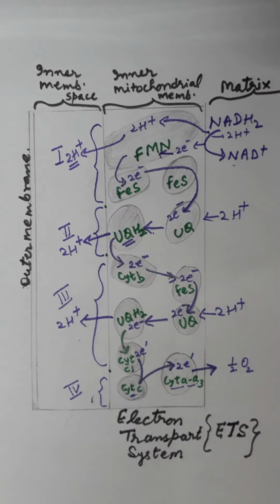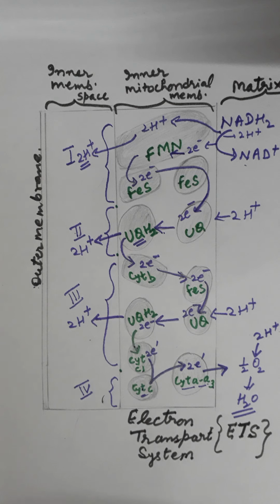In this process, as we all know, the aerobic process of respiration takes place only in the presence of oxygen, but the role of oxygen is limited to the terminal stage of the process, where oxygen plays a vital role. It receives the electron and proton, and finally water is produced here.